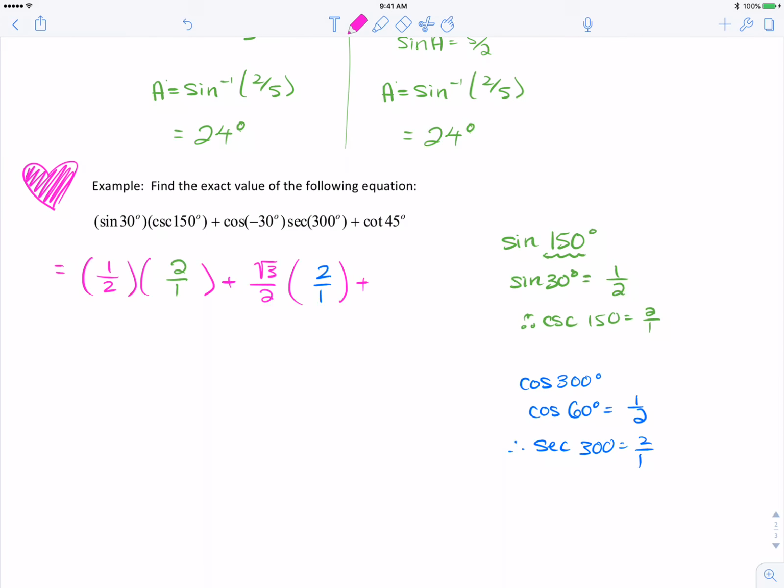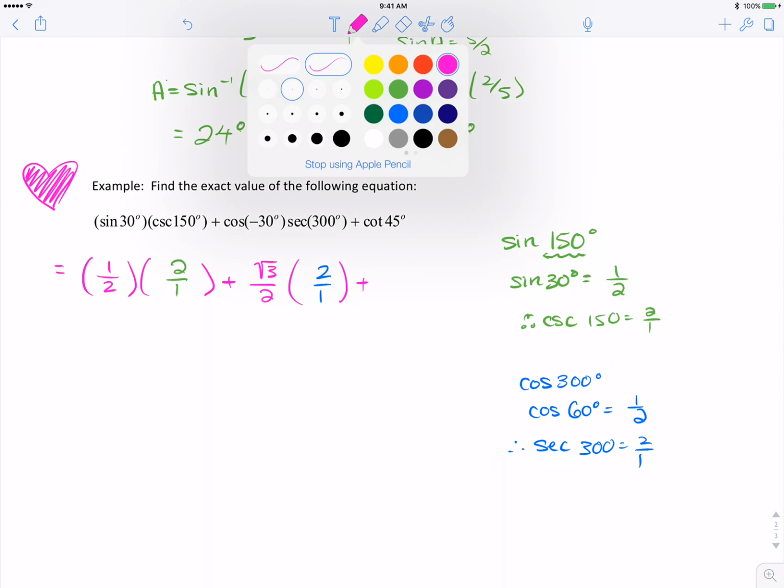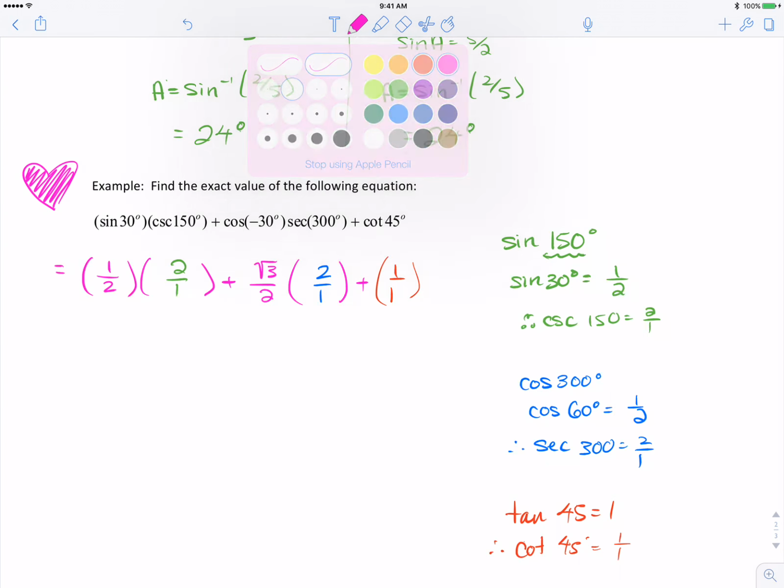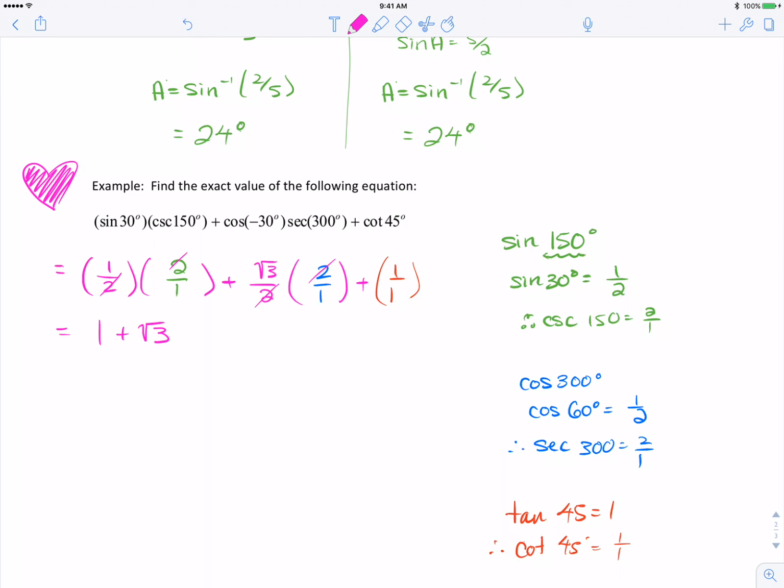And then the very last step, plus the cotangent of 45. I know the tangent of 45 is 1, so the cotangent of 45 degrees is just 1 over 1. And I'll write it just so you see it, but obviously that's not needed, which simplifies to 1, remember cancel, cancel, plus root 3, cancel, cancel, plus 1, 2, plus root 3 as the final answer.